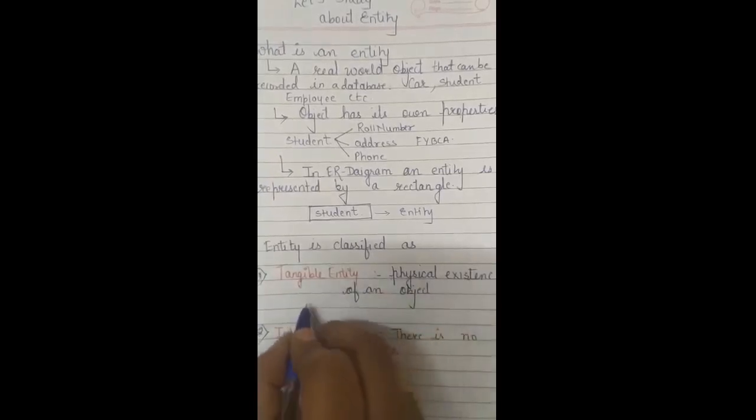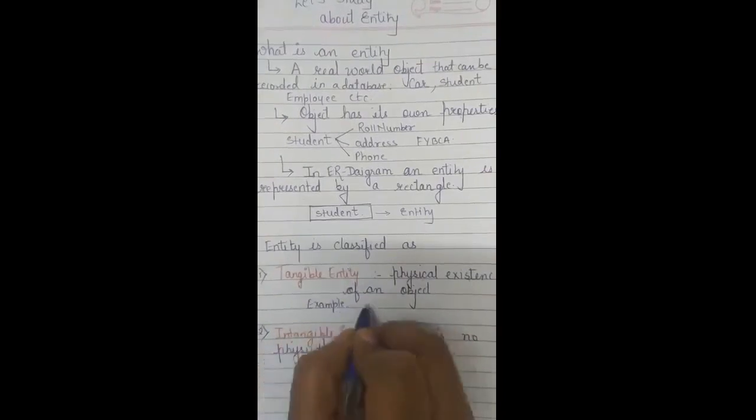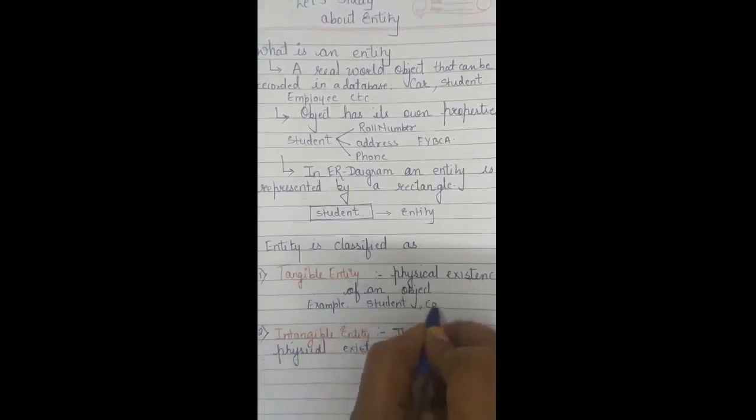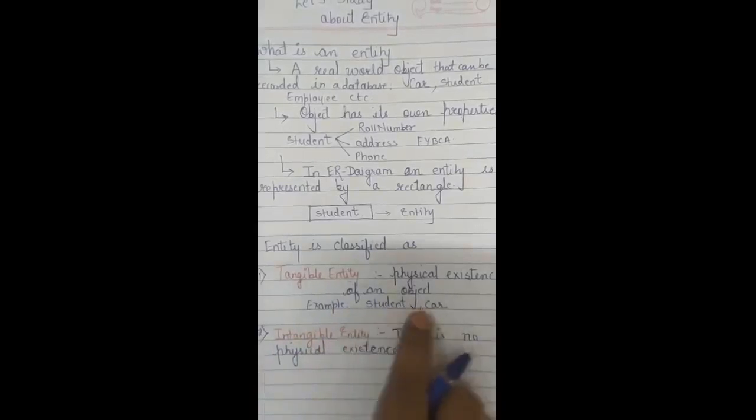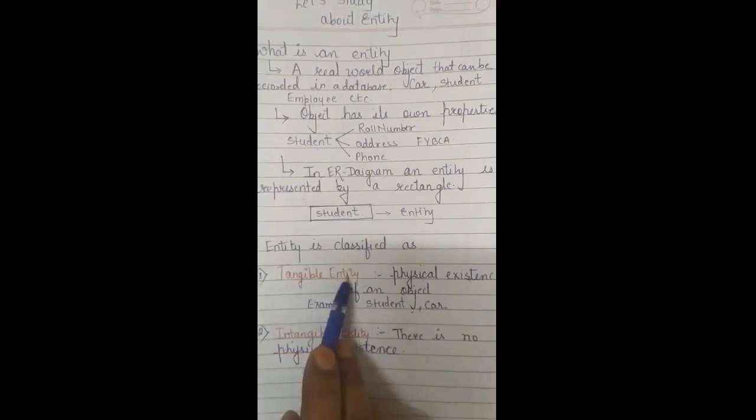Example: student, car. These objects are physically present, they exist physically. That's why these objects are said to be tangible entities.